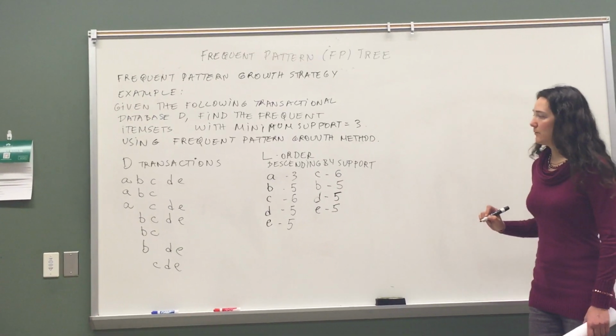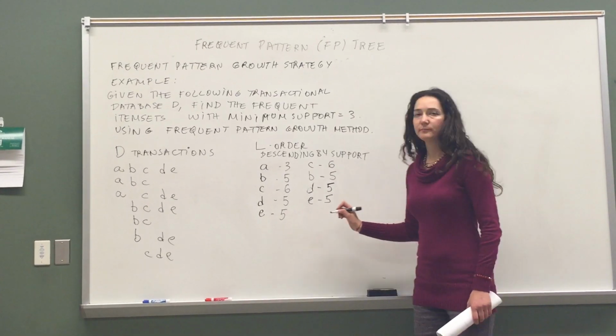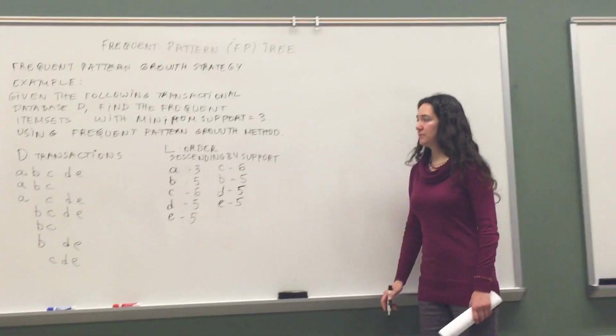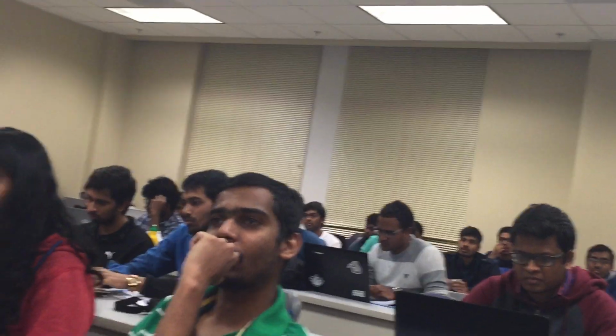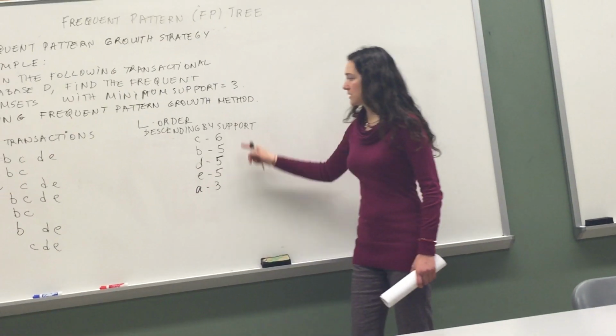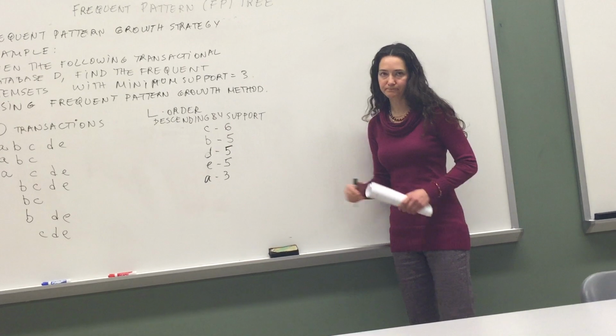And the last element will be A, 3. So this will be our order, and now we will order the transactions in this way.